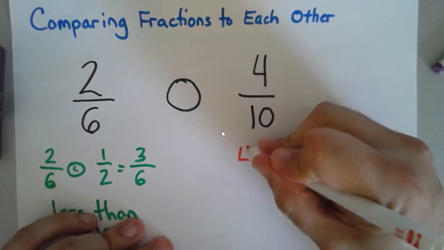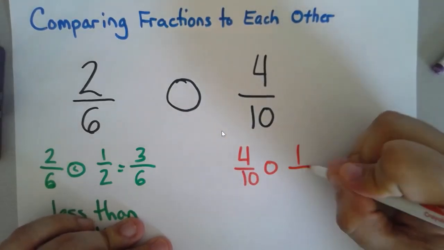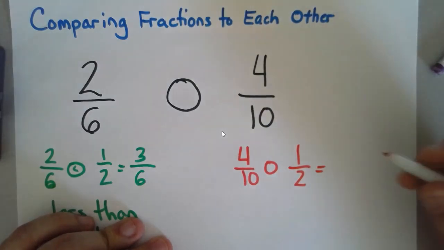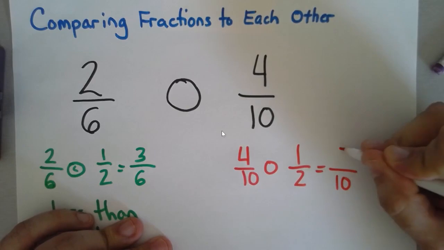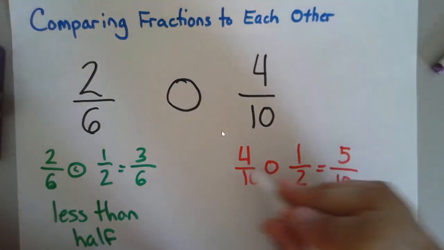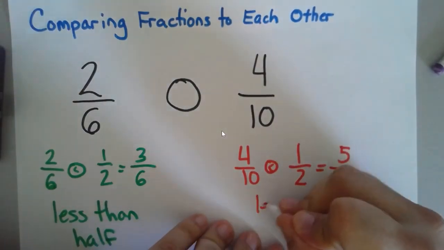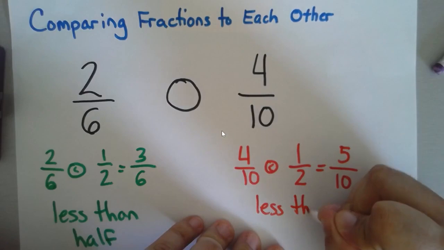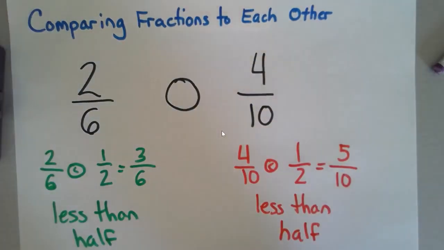Okay. 4/10. If I go to compare that to 1/2, I need a fraction equivalent to 1/2 with a denominator of 10. That's 5/10. Well, 4/10 is less than 5/10, so it has to be less than 1/2. So this is less than half. We were able to do it up to here, but now here's where I get stuck.